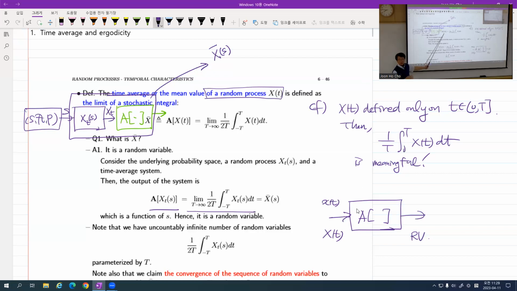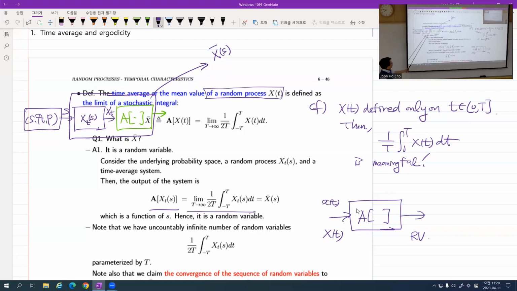Got it? You have to understand this. My professor didn't spend this much time on it, but I mention this repeatedly, probably 20 or 30 times. Anyway, the first question: what is X bar? This is X bar. It's a random variable. Got it? You have to understand.